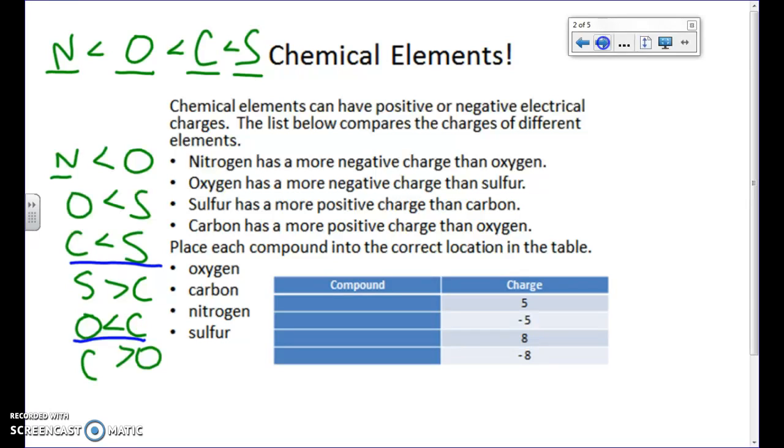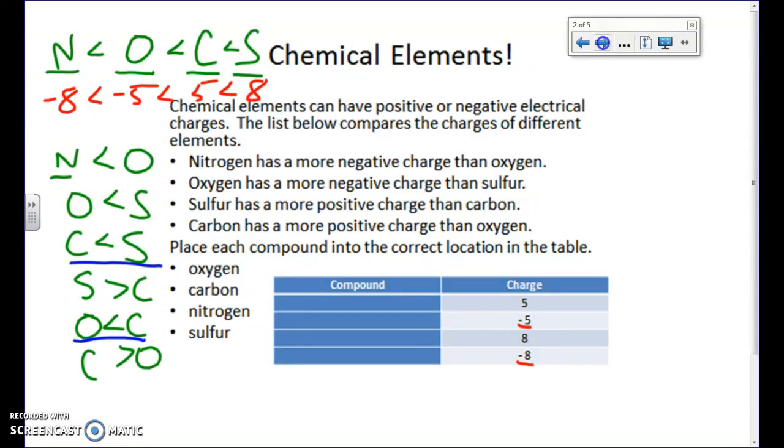So what we're going to do is put them in order. Before I do anything, I'm going to put these numbers in order. I know the smallest number is -8, and then the next smallest number would be -5, and then 5, and then finally 8. Now I can tell what each compound charges. I'm just going to abbreviate.